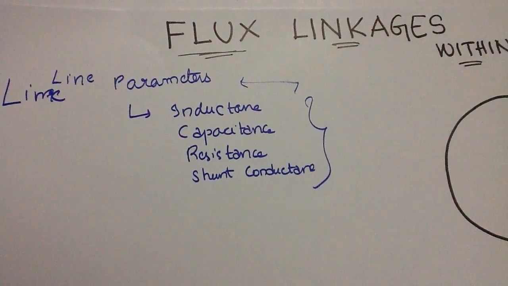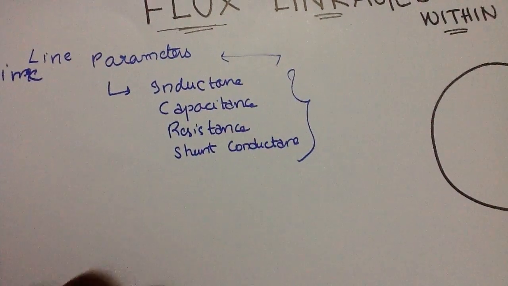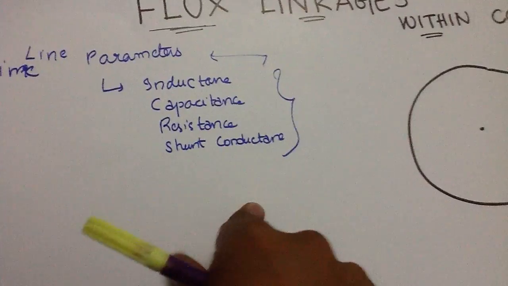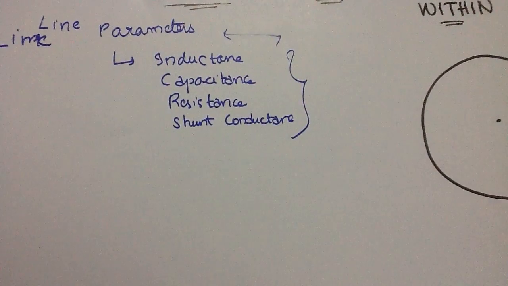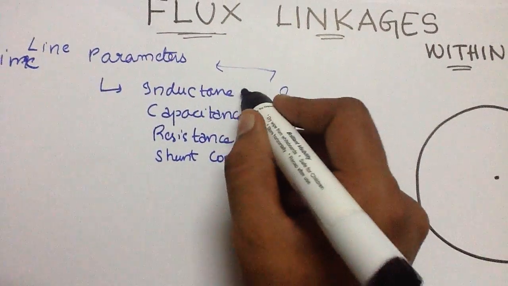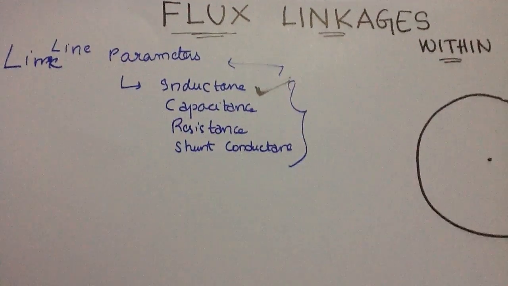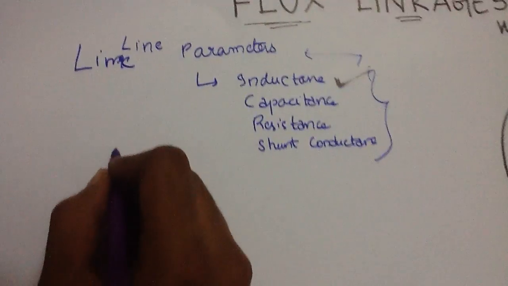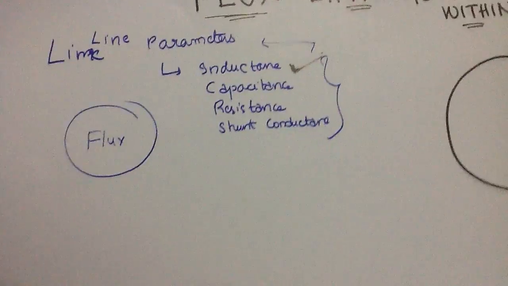To build or to make a proper transmission line, it is necessary that we calculate all the line parameters properly. Only then we'll be able to make a successful power system network. So the first thing we are going to deal with is inductance. For calculating the inductance, we need to calculate flux of a conductor.